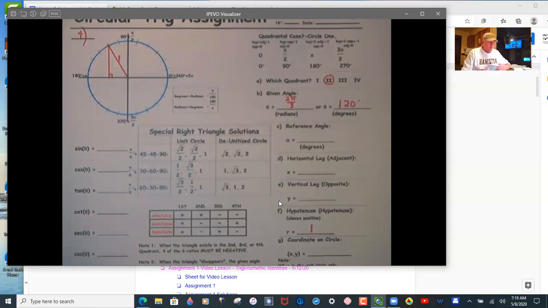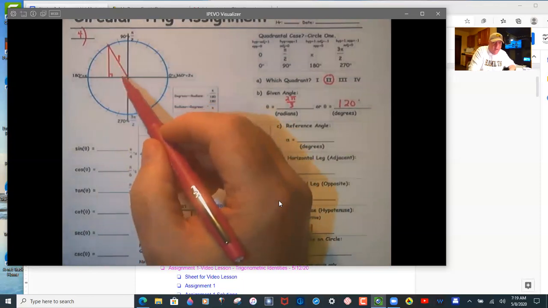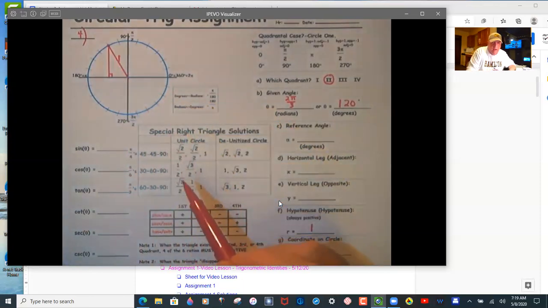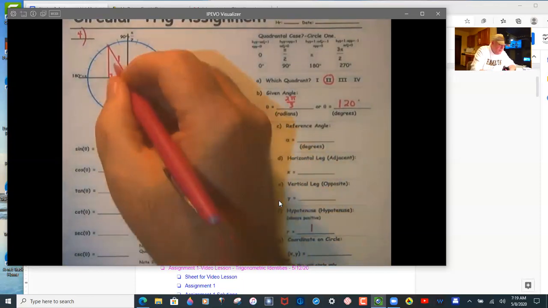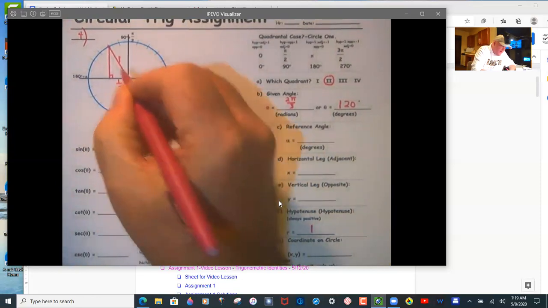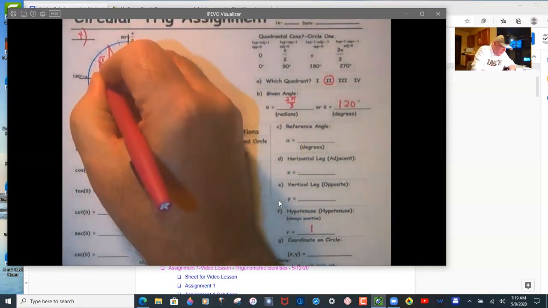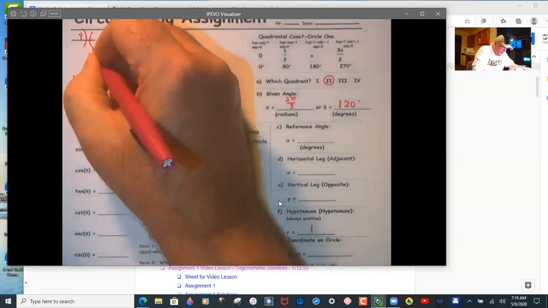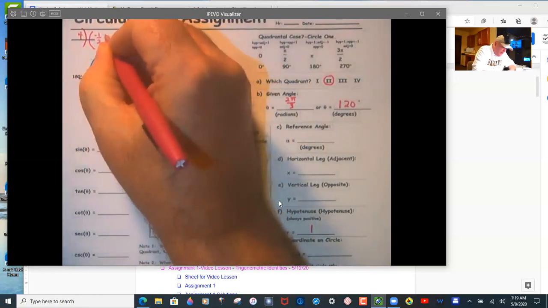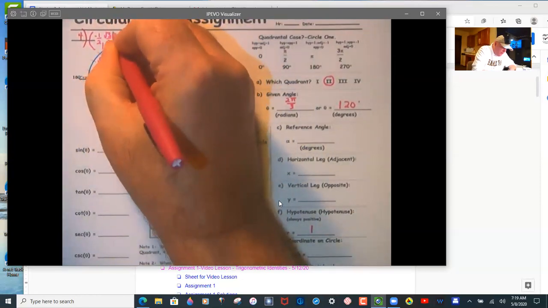Okay, and you can also see, as I told you in previous videos, that the sides of this are going to be square root of 3 over 2 and 1/2. And the shorter side is 1/2. So these sides are placed in here, and this becomes the coordinate negative 1/2, square root of 3 over 2.